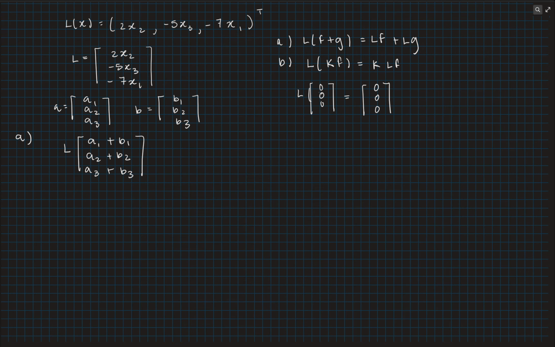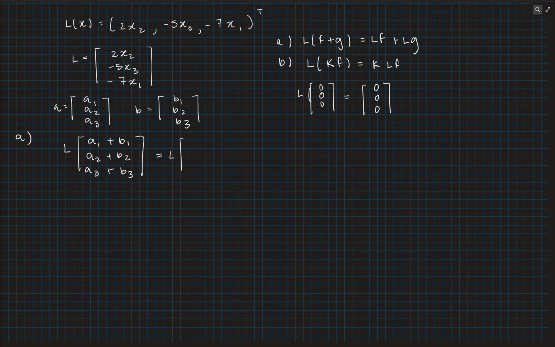So you should see that I'm checking this first left-hand side: if you add these two vectors and then apply L. And that needs to be equal to the L operator applied to A, and then the L operator applied to B. So let's do that.